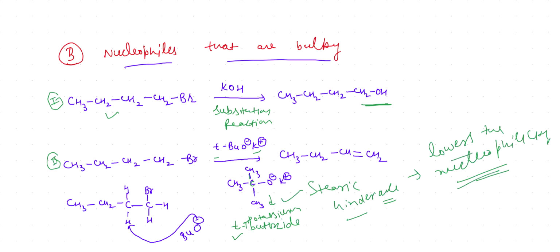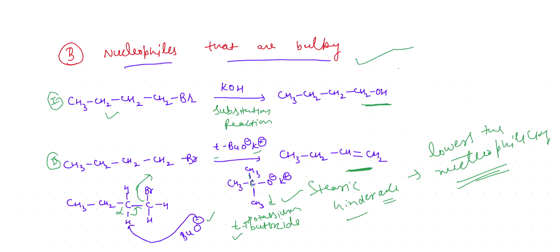So here it is acting as a base. See, this is abstracting the alpha hydrogen and it facilitates the formation of the double bond and the removal of bromine as Br negative. So it is forming alkene as the final product. So this is the second condition: the nucleophile should be bulky in nature.